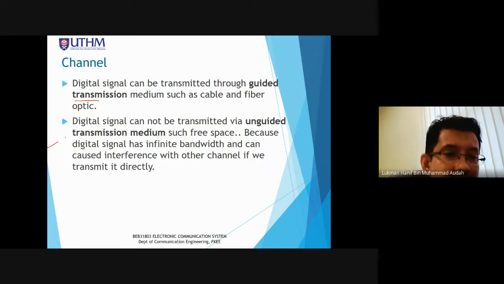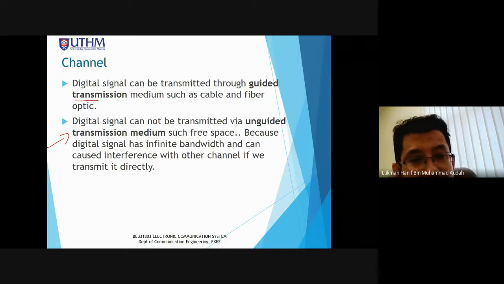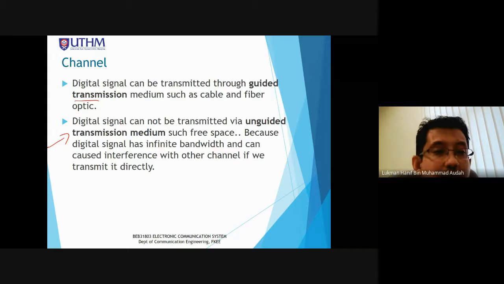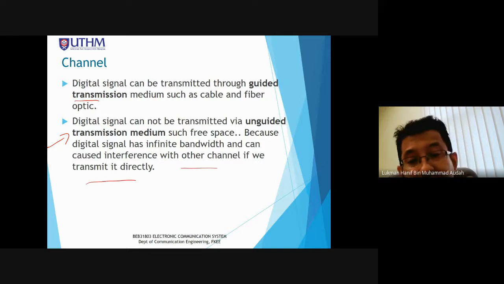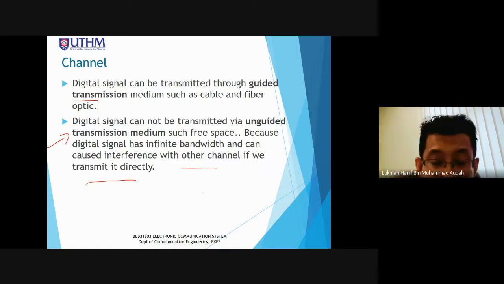And then digital signal cannot be transmitted via unguided transmission medium such as free space, because digital signal has infinite bandwidth and can cause interference with other channels if you transmit directly. So that's why we need to modulate with the analog carrier to produce an analog signal, sama ada ASK signal, FSK signal, or PSK signal.